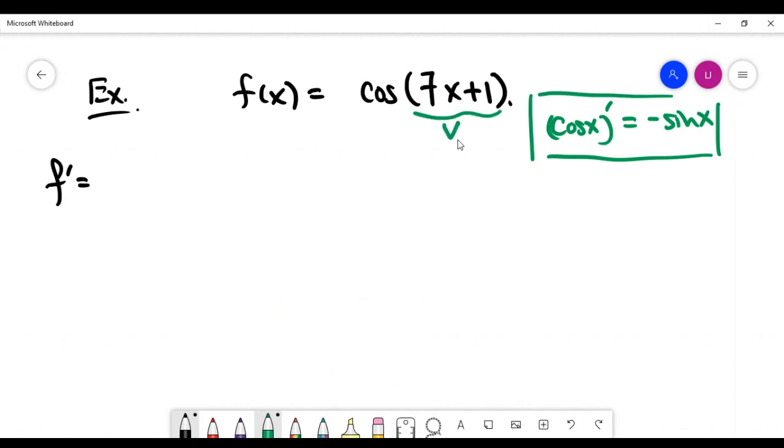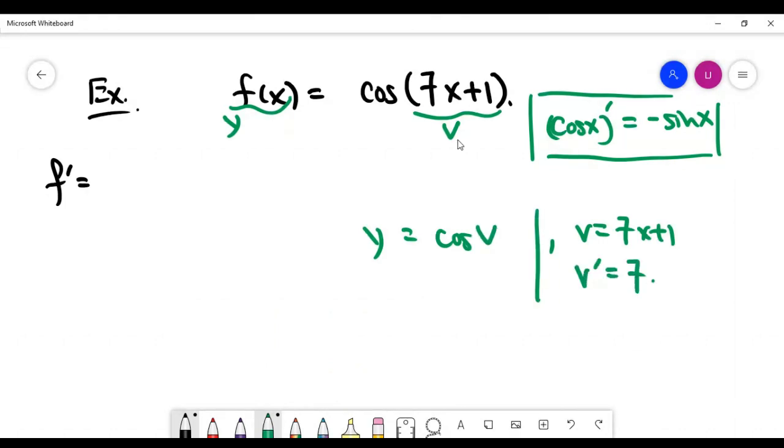If we let v be 7x plus 1, then in that case, if you think of f as y, it would be the same as cosine v. And of course, v prime is the same as 7. And y prime, I would like to emphasize, is the derivative with respect to v. It's minus sine v.